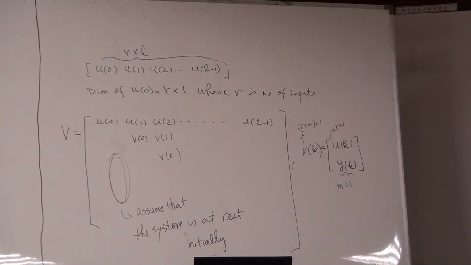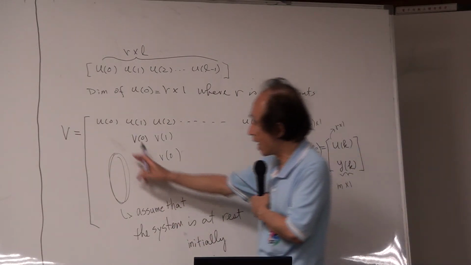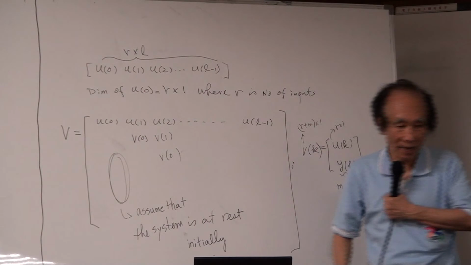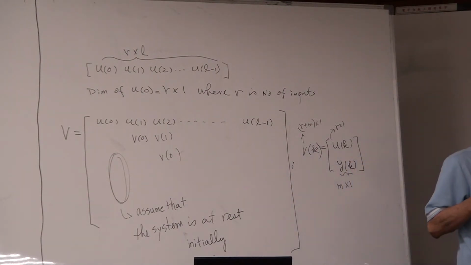But if that's not true, if that's not 0 initially, then we cannot write it this way, and we have to cut this V from here, because these are not 0. We cut this line, on the left-hand side, because it involves 0.